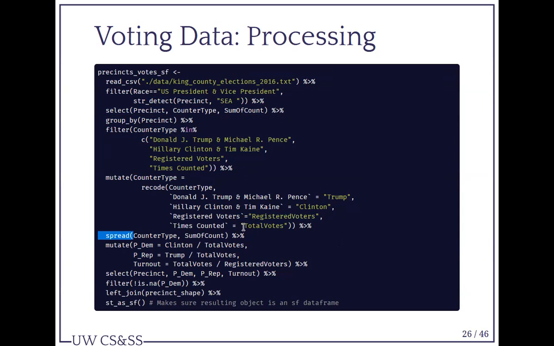And then I spread here. Note that this is actually the same as pivot_longer, but I used the old way of doing that so that it would all fit on one slide.